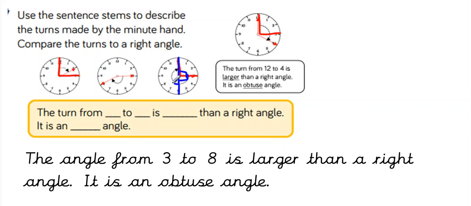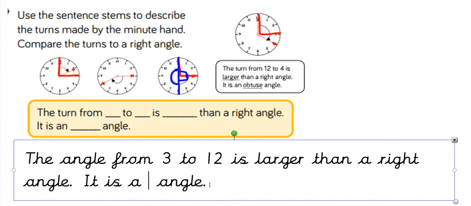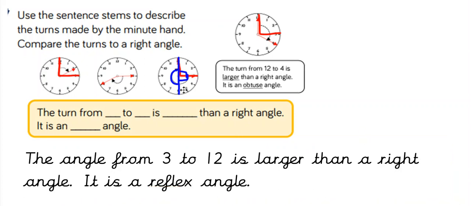But if you can see, we've still got all of this bit here to get to, okay? So that must mean that our angle is a reflex angle. So we're going from 3 to 12, aren't we? The angle from 3 to 12 is larger than a right angle. It is a reflex angle, okay? Because it's larger than a straight line, which is this here. Remember, a straight line is worth 180 degrees, but it is smaller than a full turn, because your full turn would end up back here at the 3.